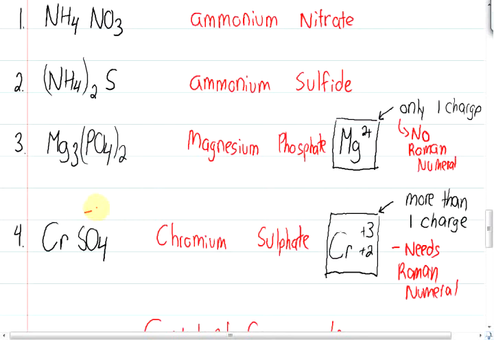Sulfate is a -2 on the back of the table. Chromium can be +3 or +2. As before, I want to choose my Roman numeral to balance out the minus side. So if I have a -2, that means +2 is the balancing one, so I have chromium 2 sulfate. And those are examples of polyatomic formulas.